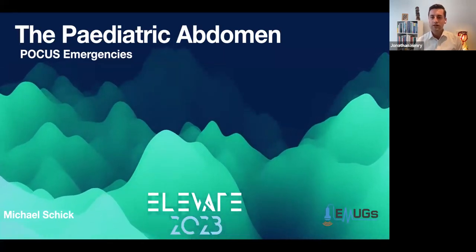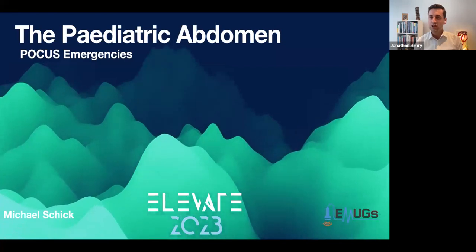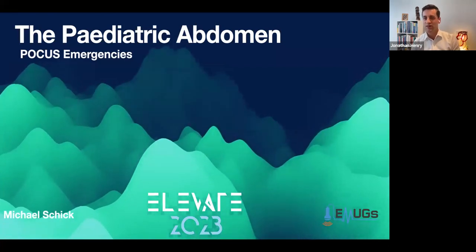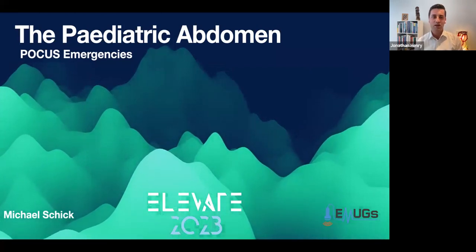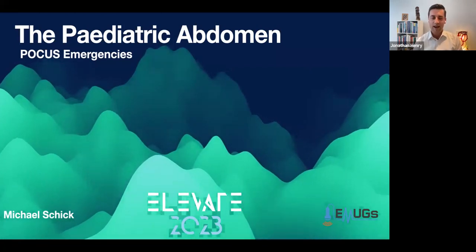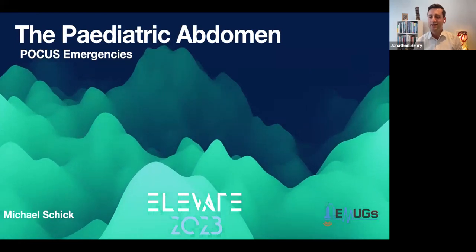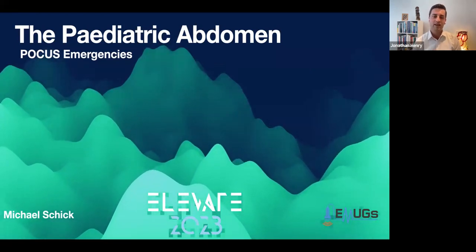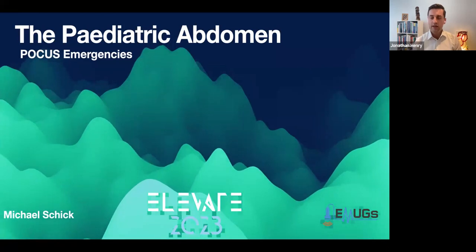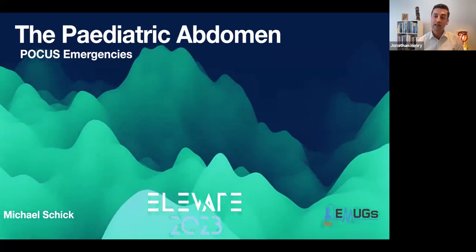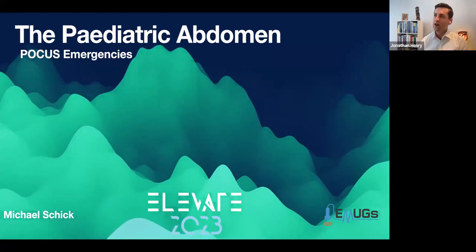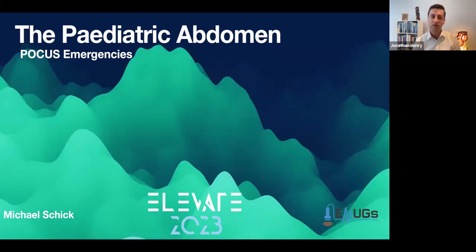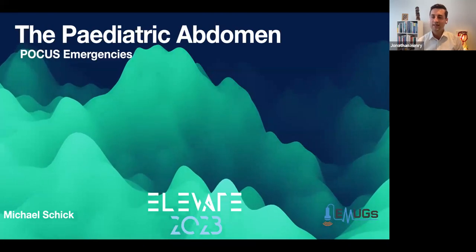Today, we're really honored to be lectured to, well, not lectured to, he's quite a nice guy. Mike Schick will be speaking to us about the pediatric abdomen. A little bit about Mike. He is a well-known name in the ultrasound community. He hails from, most recently, UC Davis, but it's been fantastic that he's traveled down under with his family, moving to New Zealand.